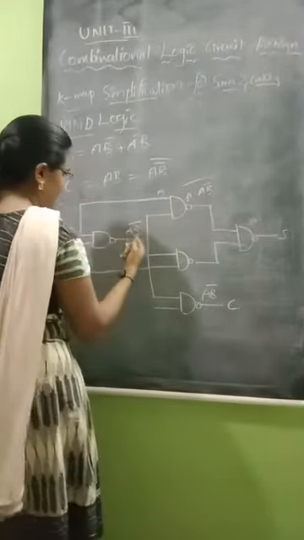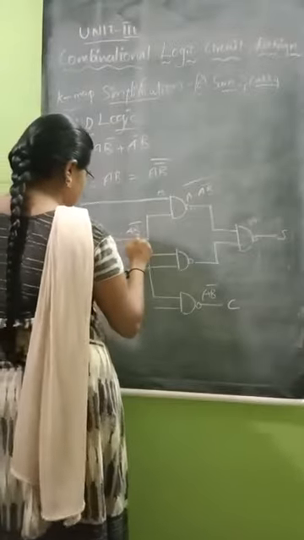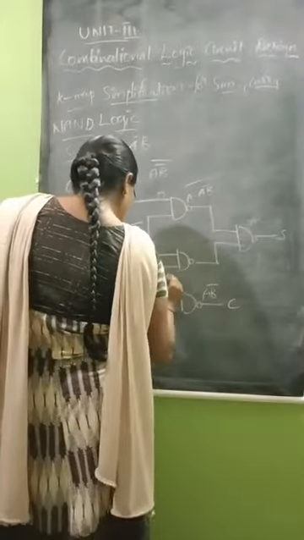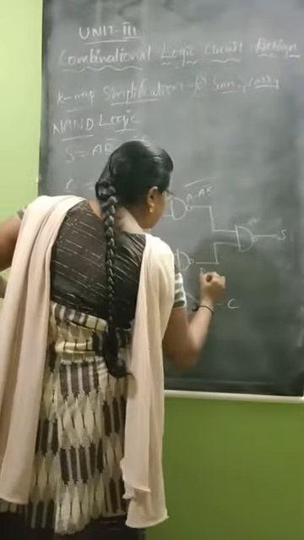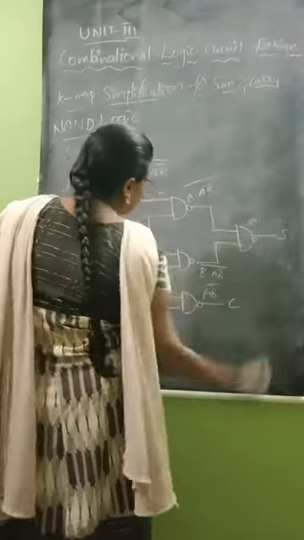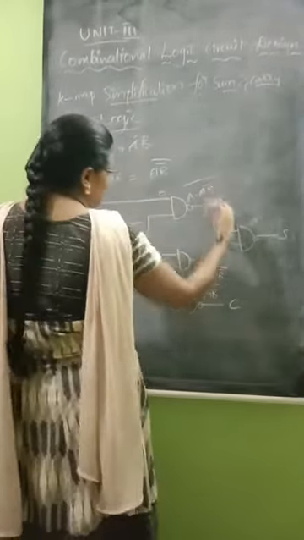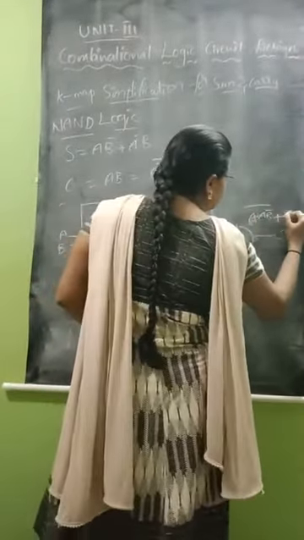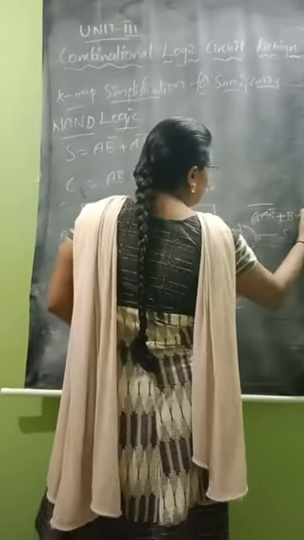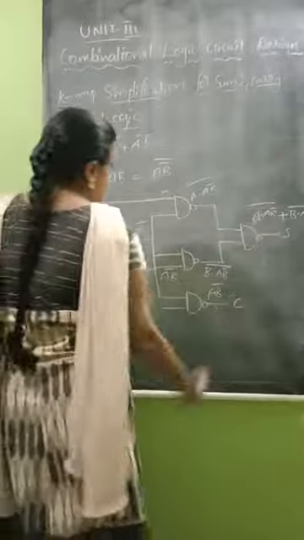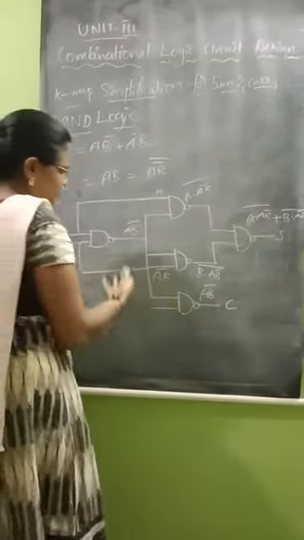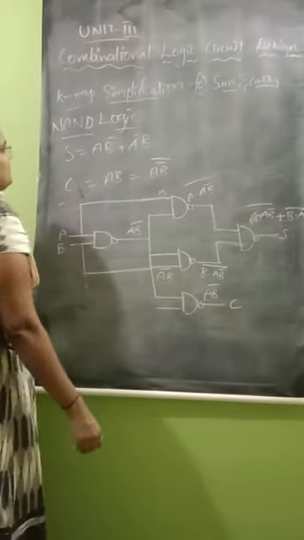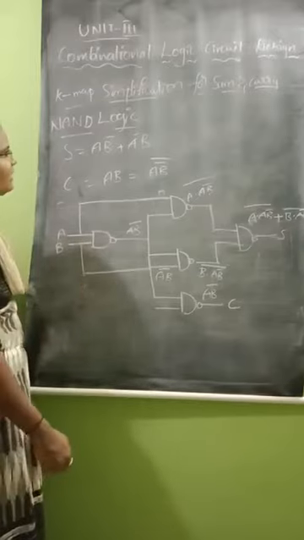So the combination of two inputs is here A B bar, and here also A B bar, and this is B into A B bar whole bar. Okay, so the sum is this one: A into AB bar whole bar plus B into AB bar whole bar. This is the sum and this is the carry. So this is the combinational circuit of the NAND gate by using NAND logic.